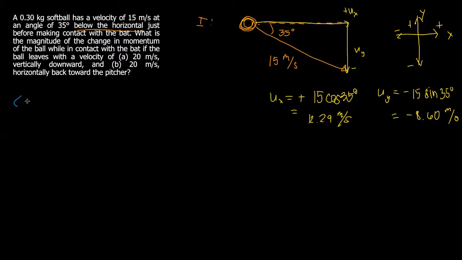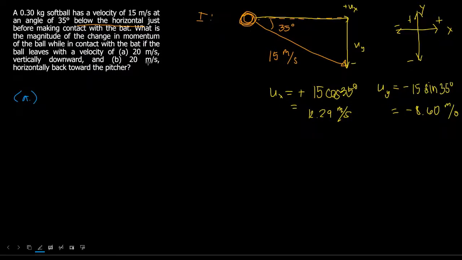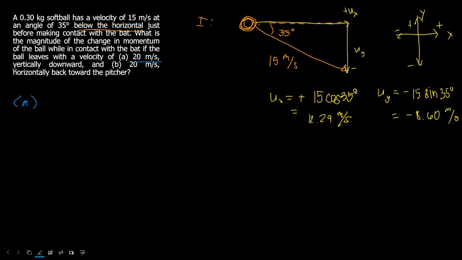For letter A, we are finding the change in momentum when the ball leaves at the velocity of 20 meters per second vertically downwards. So yung ball daw, after being hit, this is the final condition, it's moving downwards at 20 meters per second. Therefore, ano yung v sub x at v sub y natin?